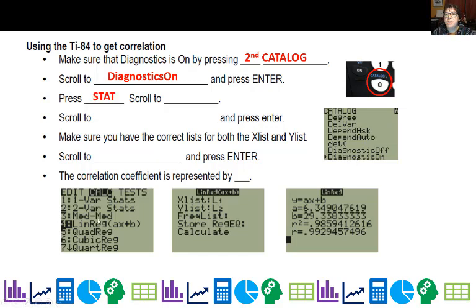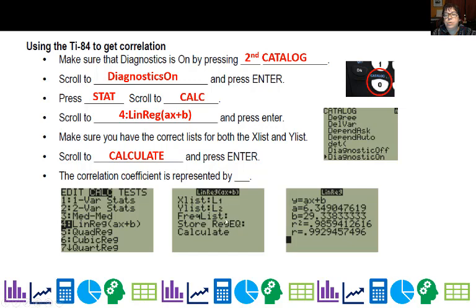Then press stat like we did before. In calc, we're in the tab where we did our 1-var stats, except we're not going to do 1-var stats this time. We're doing number 4, which is LinReg, linear regression, ax plus b, and you press enter. By the way, this is what you enter here. So X list is list 1 for us.